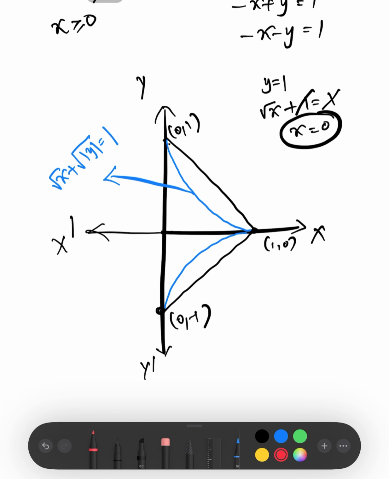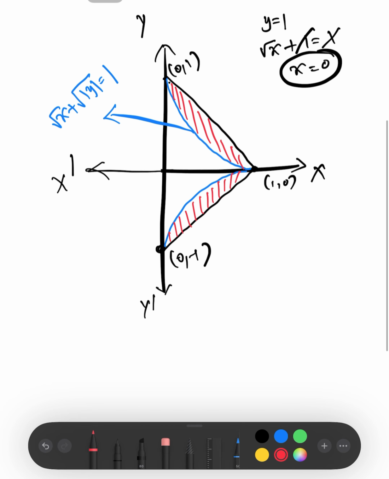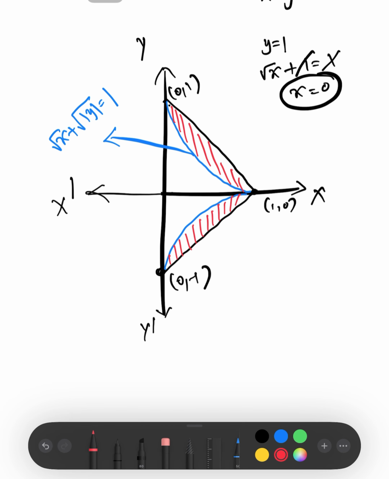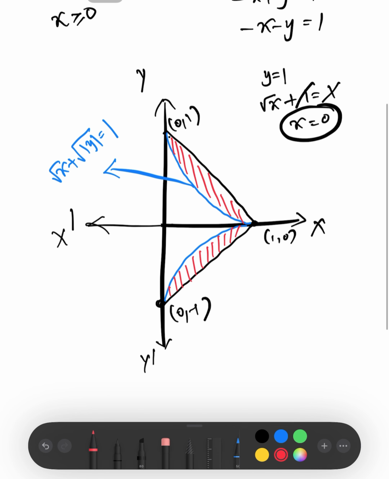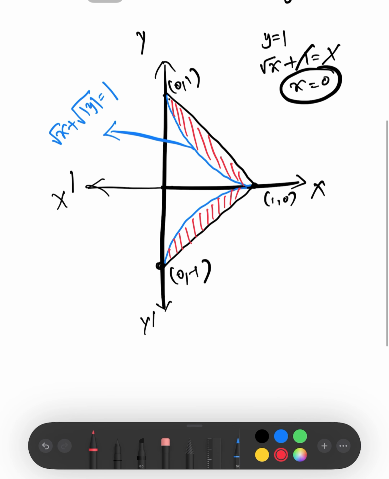Now we need to find the smallest area here. If you find the first one, then you will get the second, and then you can multiply by 2. The straight line is y equals to 1 minus x.